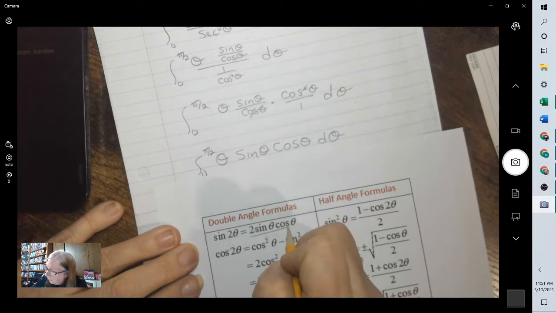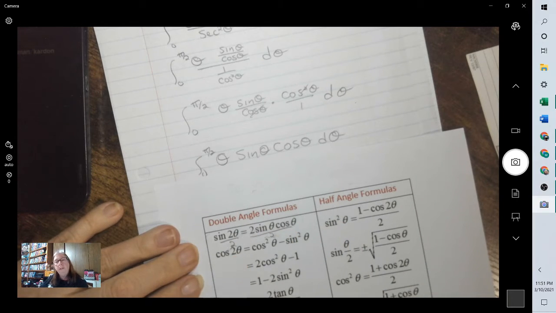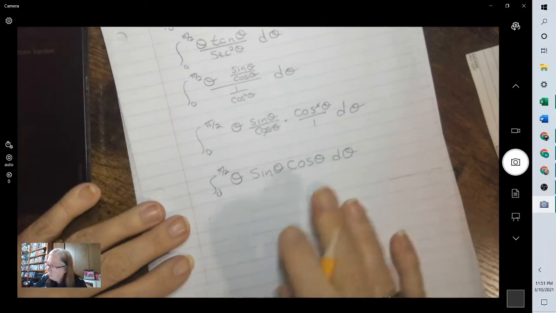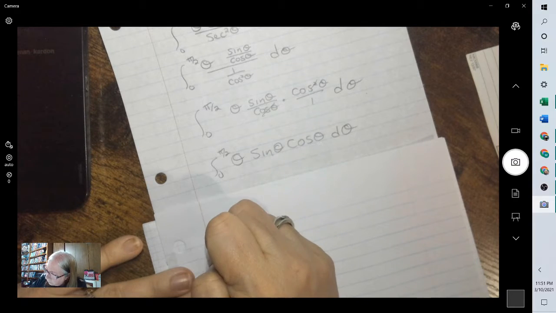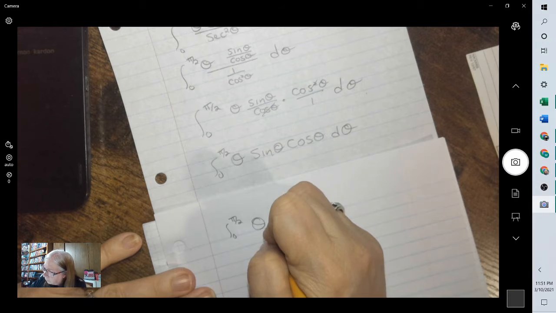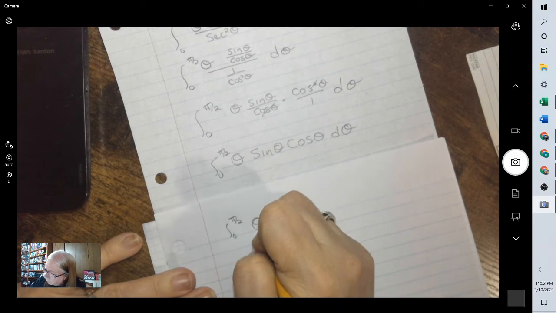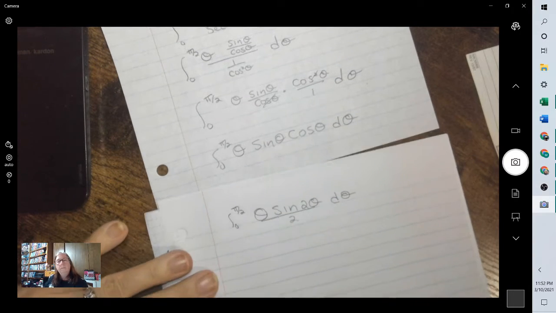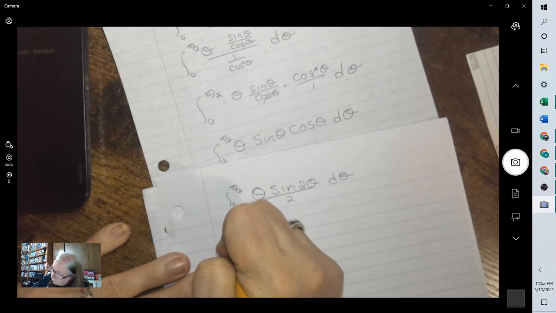So divide by it. So then it's sine of 2 theta over 2. I'm going to pull that 1/2 out.